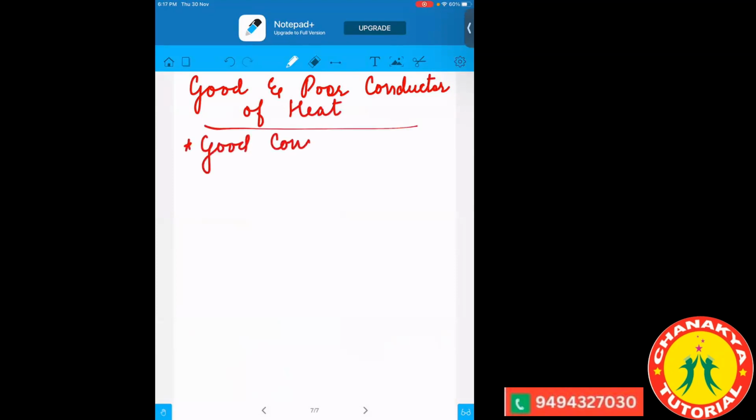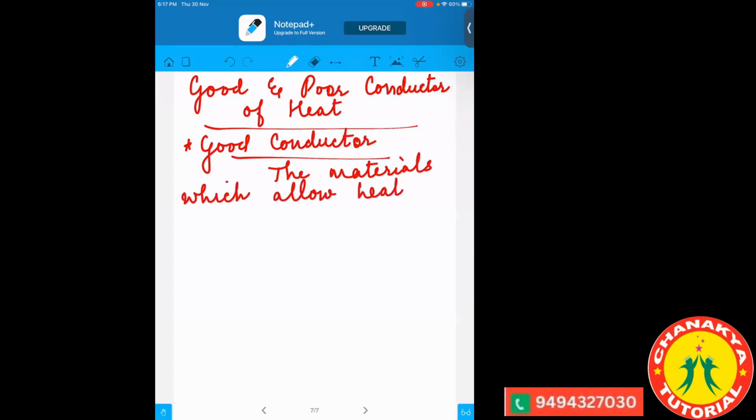Good conductors of heat are basically those materials which allow heat to pass through them easily. The heat will be passing easily, and they are called the good conductor.